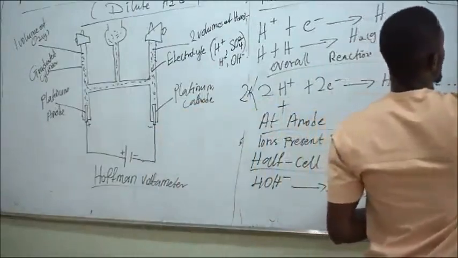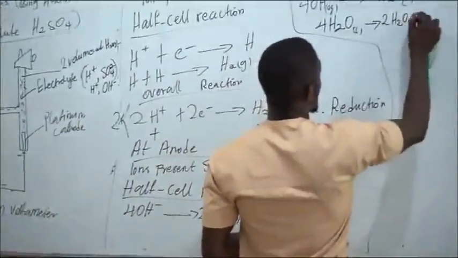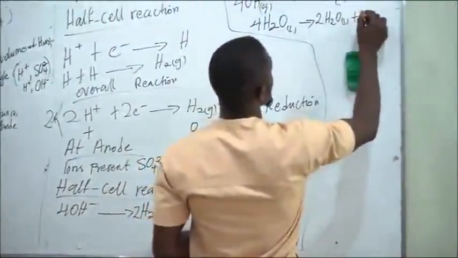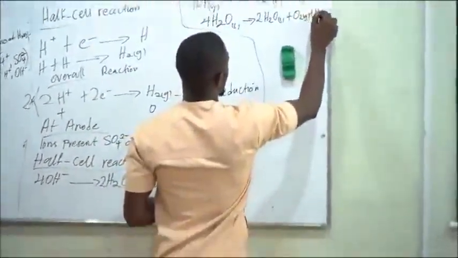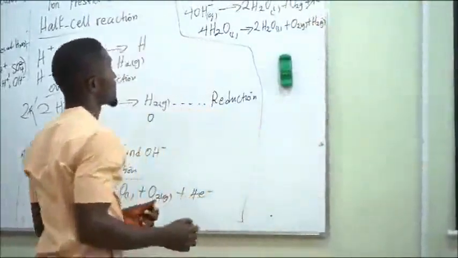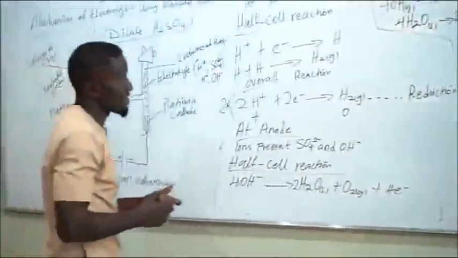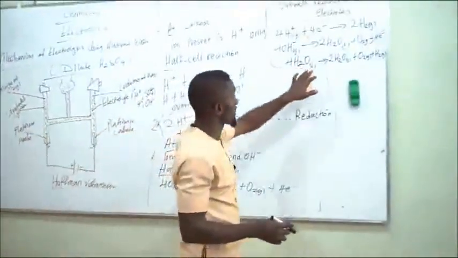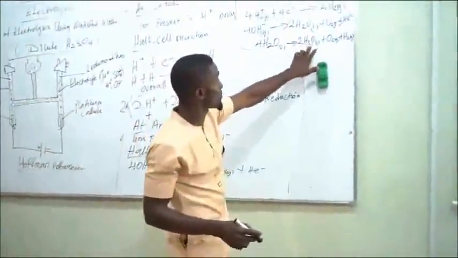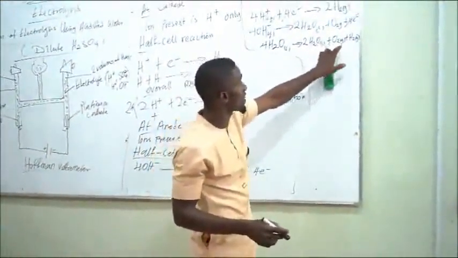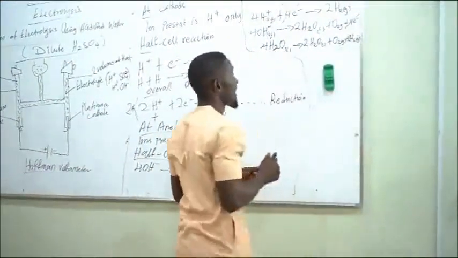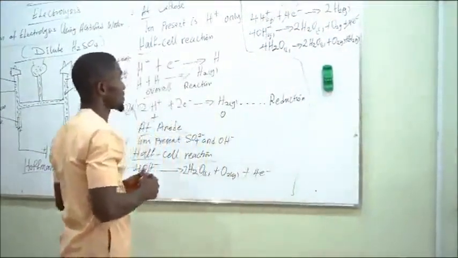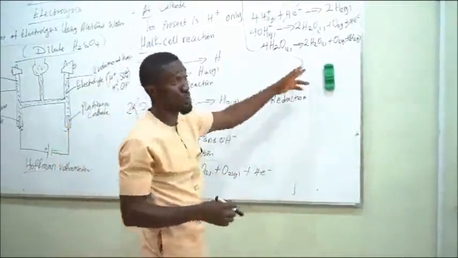Producing 2 molecules of water plus oxygen gas plus hydrogen gas. Okay, so this is the overall reaction. 4 molecules of water producing 2 molecules of water plus 1 molecule of oxygen gas, then plus 2 molecules of hydrogen gas.